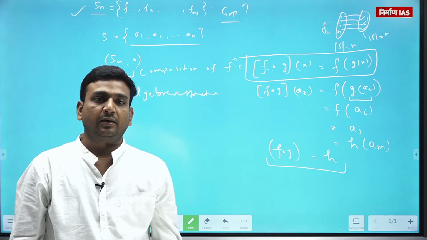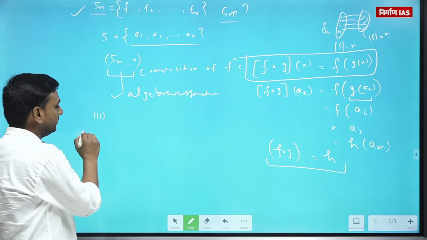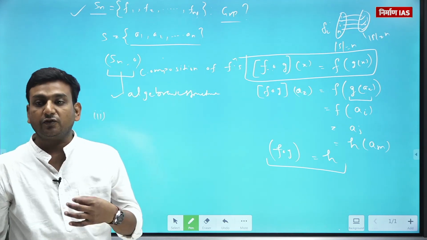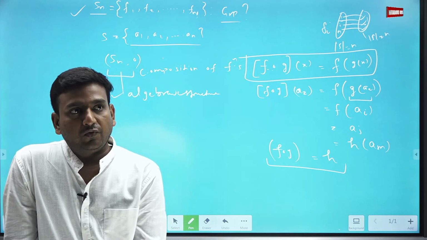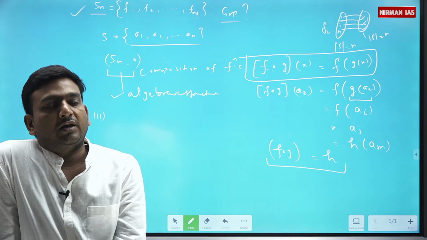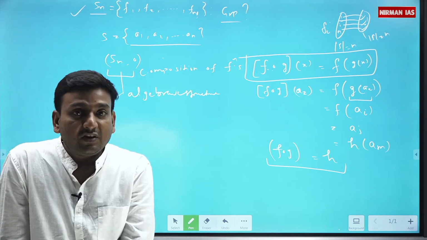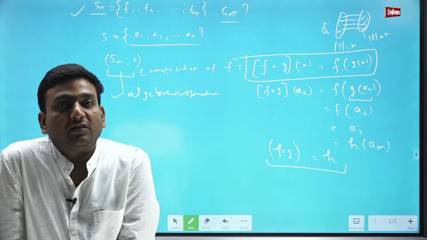Fine. Second property that you need is associativity. When we started studying functions at the 10+2 level, we always studied that composition of functions is associative.